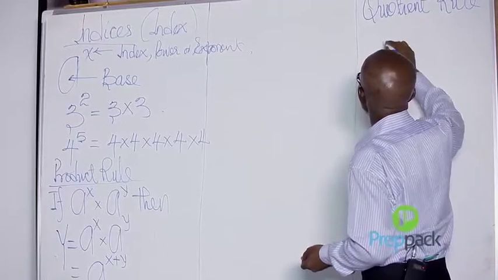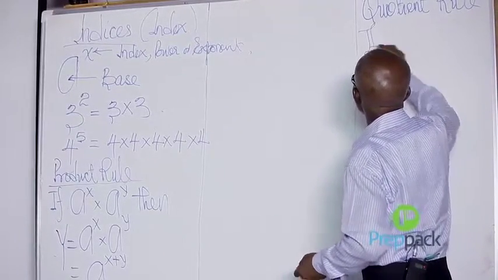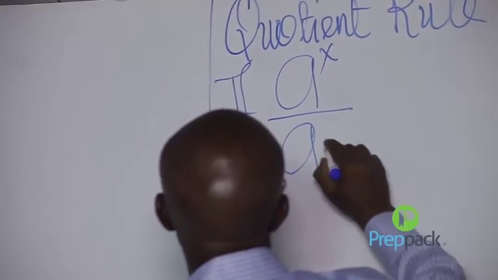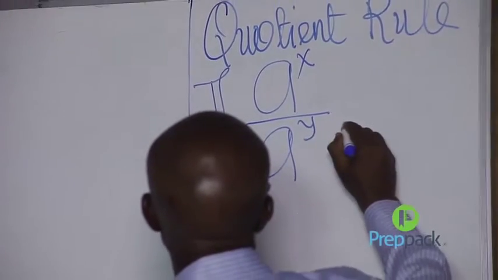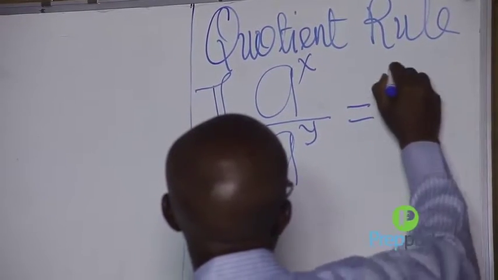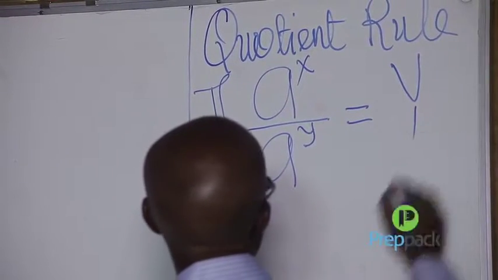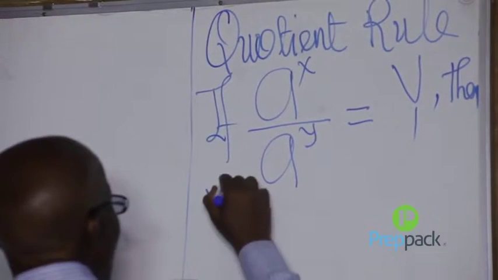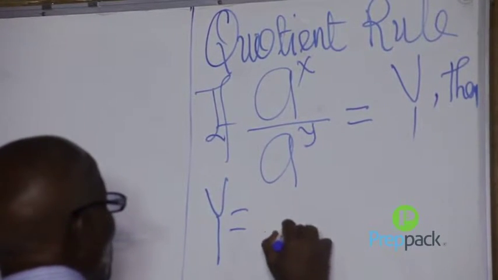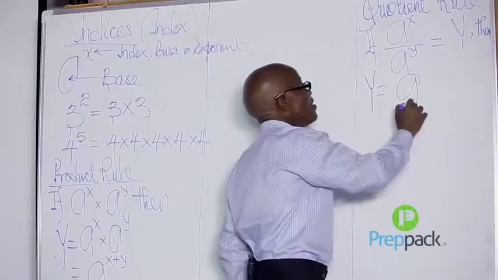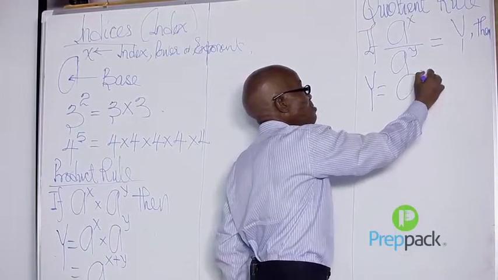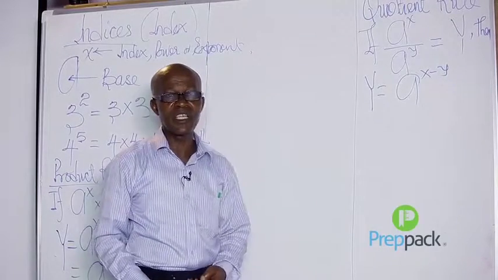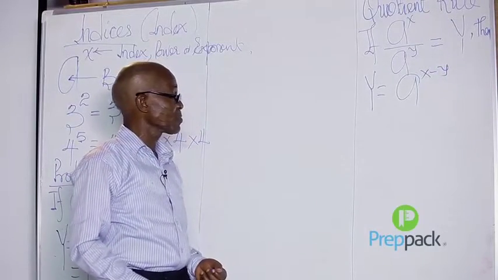If A raised to power X is being divided by A raised to power Y equals Y, then Y is equal to A raised to power X minus Y. That is the interpretation, and that gives us the second rule.